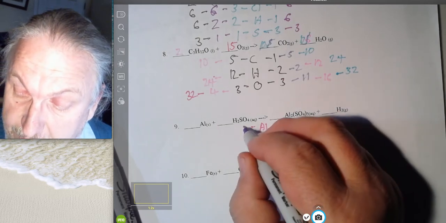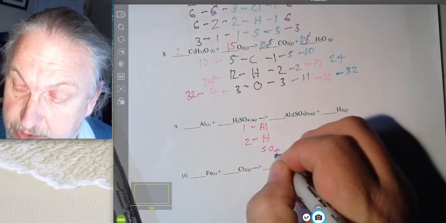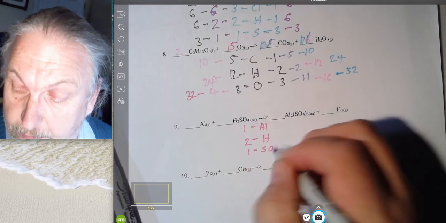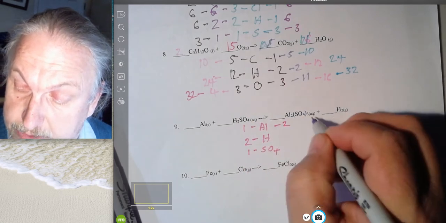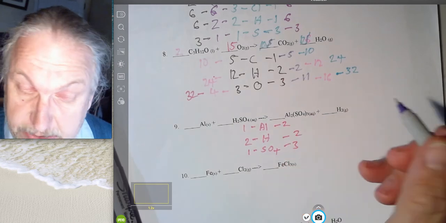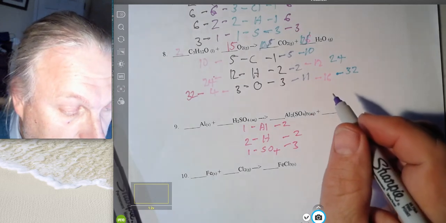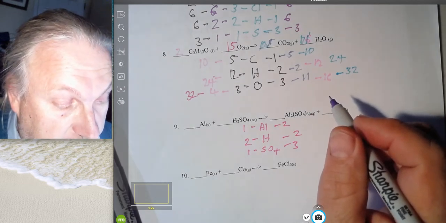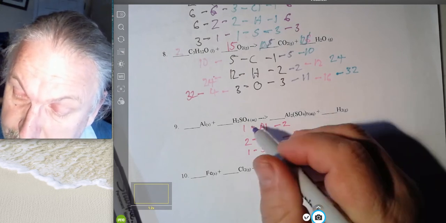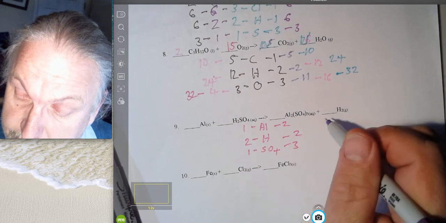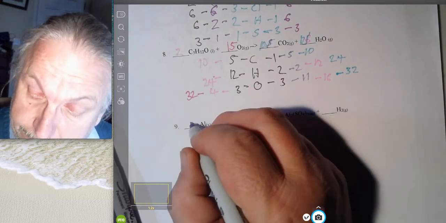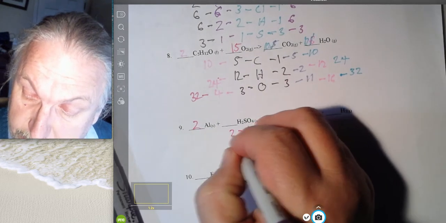On this side, I've got 1 aluminum, 2 hydrogens, and 1 sulfate, 1 SO4. On this side, I've got 2 aluminums, 3 sulfates, and 2 hydrogens. That's really good. Let's see if we can make aluminum 2. That's good.